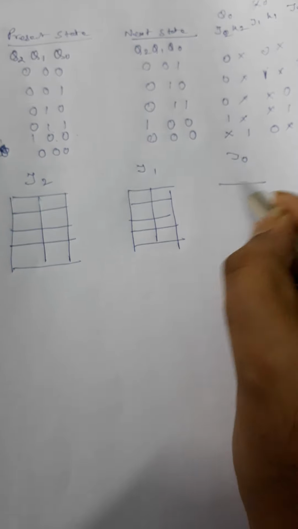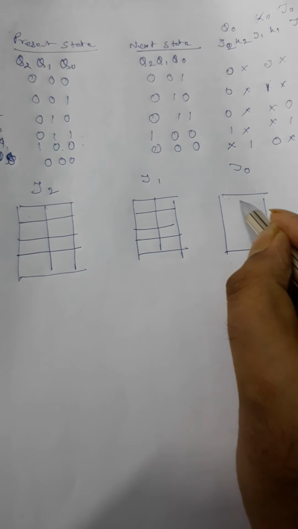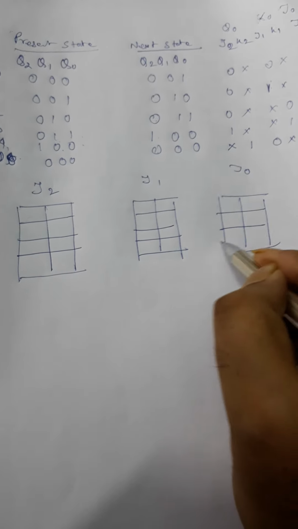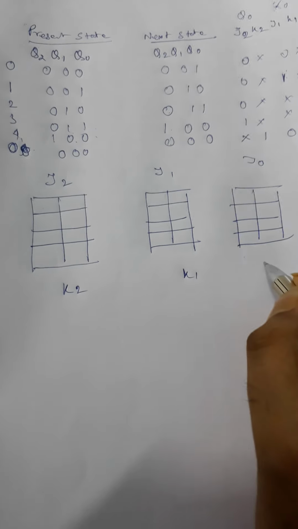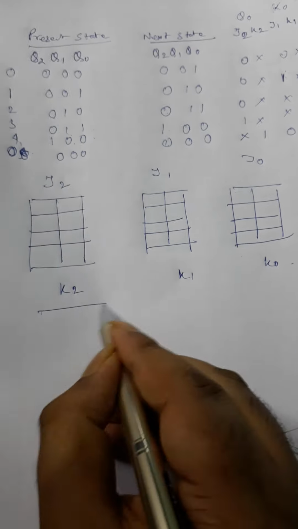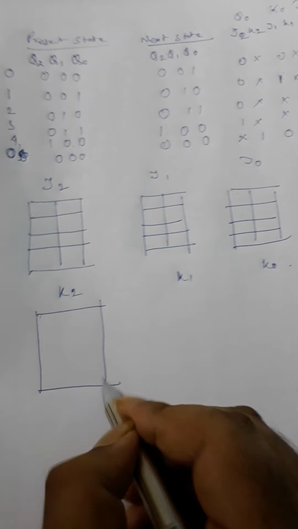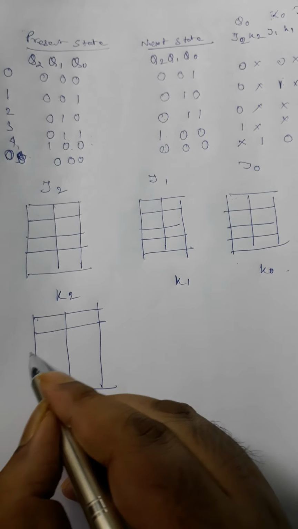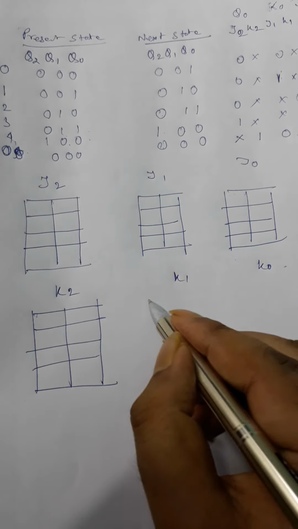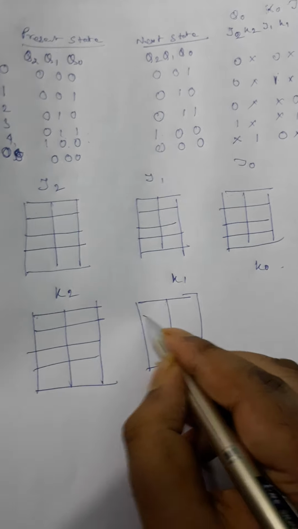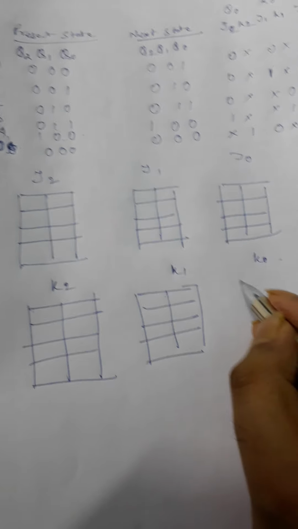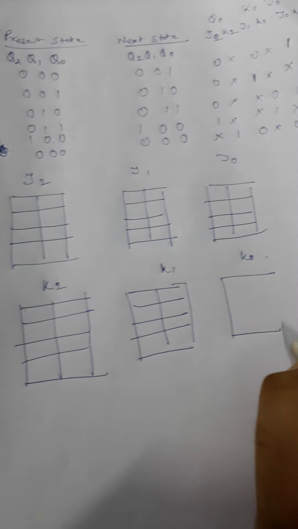For J0 also we are drawing it. Similarly for K2, K1, K0. For K2 we are drawing it, for K1 we are also drawing it, and for K0 we are also drawing it.